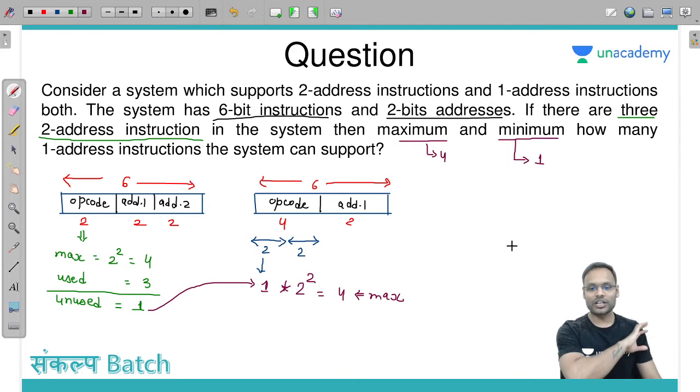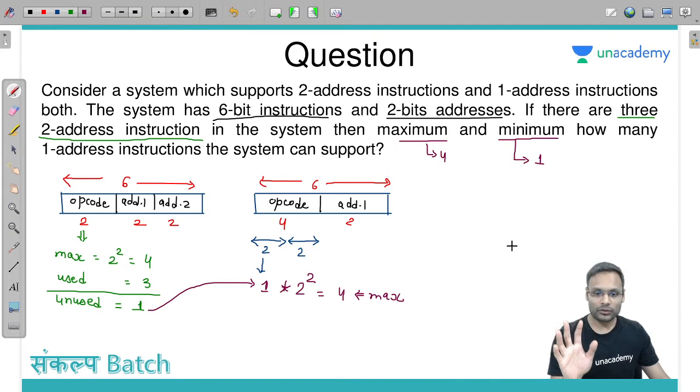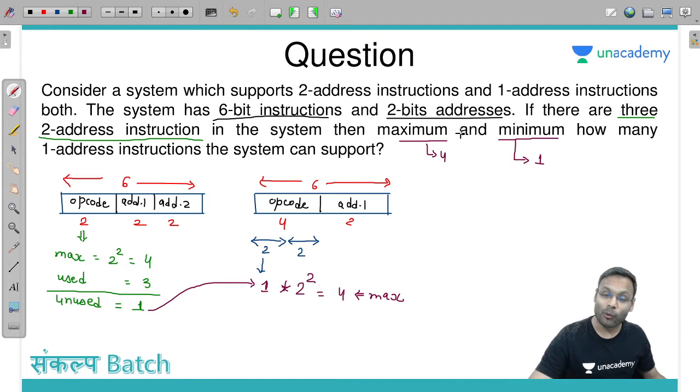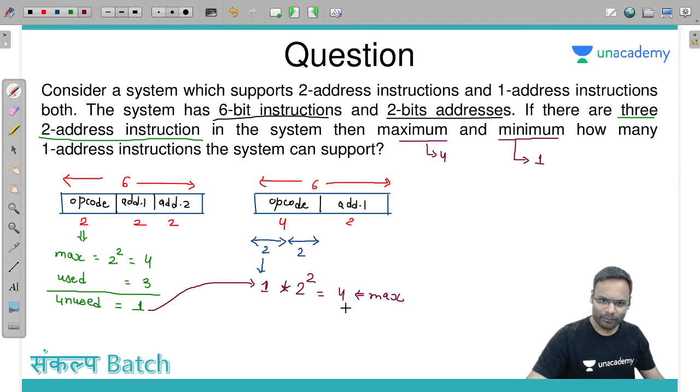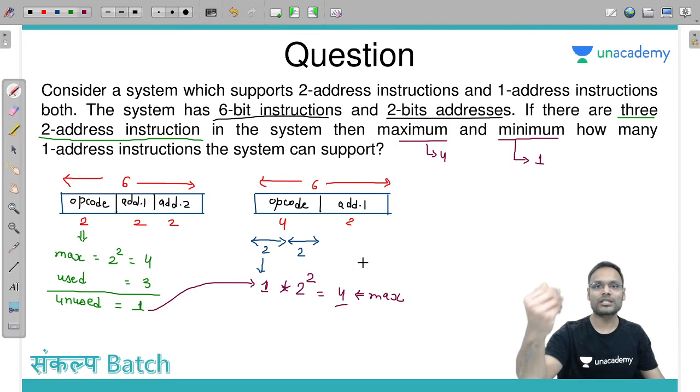Otherwise that type of instruction will not be supported at all. So if you want that one address instructions are supported, then at least one of that type of instruction should be there. So among maximum 4 आप एक यूज कर लो, बचे हुए 3 छोड़ दो.